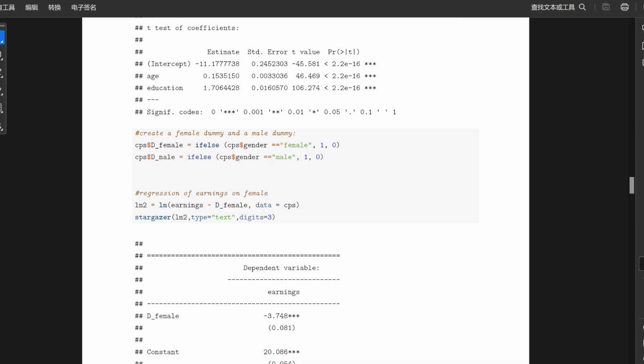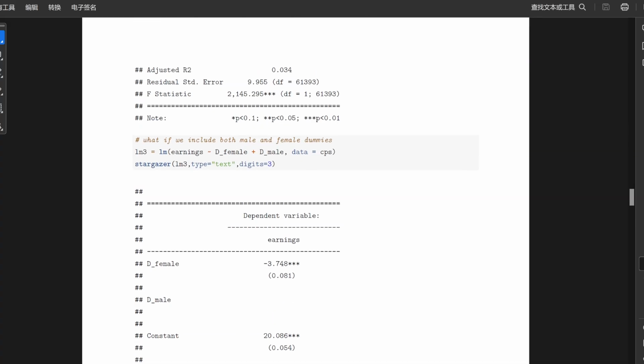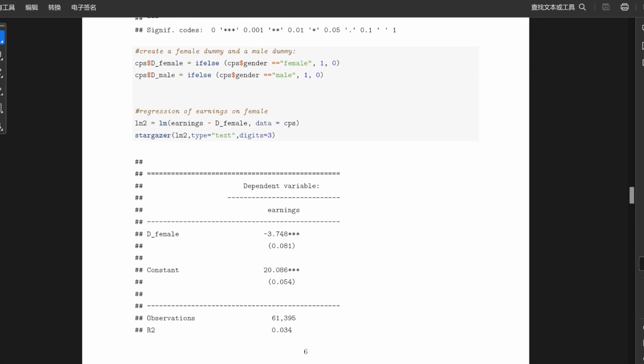And now you create 2 dummies, one for female, one for male. And you can see, if you use model 2 and include only one gender dummy variable, you get negative 3.7, very significant.